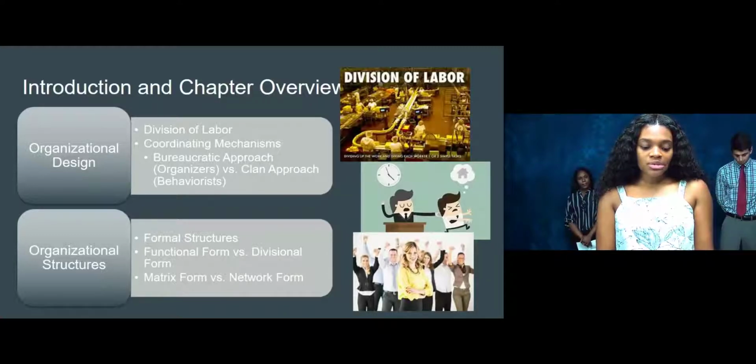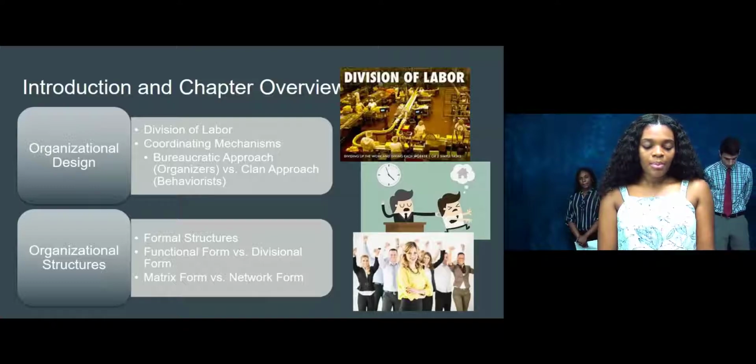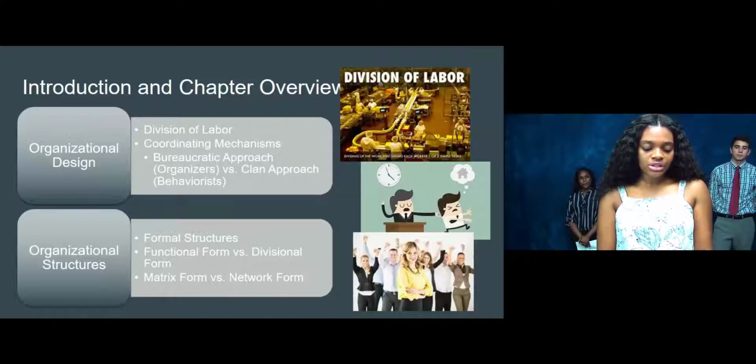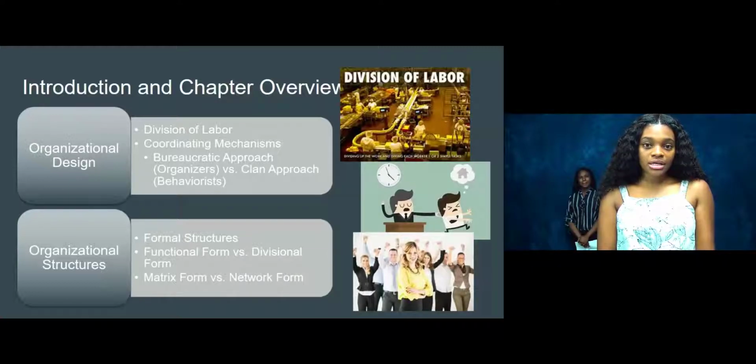It works well with small businesses, but it cannot deal with environmental change, which is a downfall. Next, we have divisional structures, which is when a firm simply groups diverse functions into separate divisions. Firms can be organized around products, geographies, or even clients.